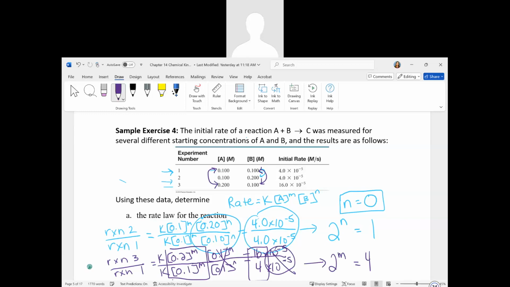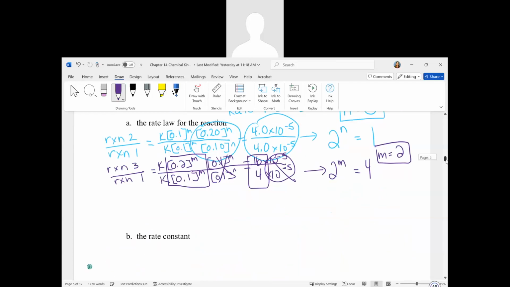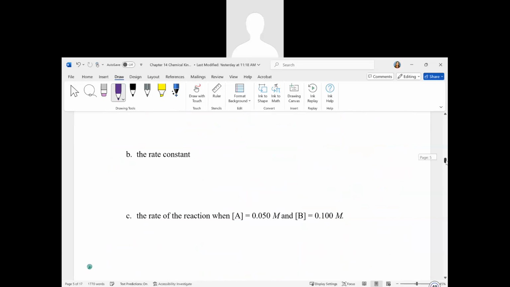The only scenario where we could get a true statement here would be if the exponent is equal to 2. So my final rate law would look something like this, where A is going to be represented and we would put that to the second power, but B is nowhere in the equation because it is zero order with respect to B.